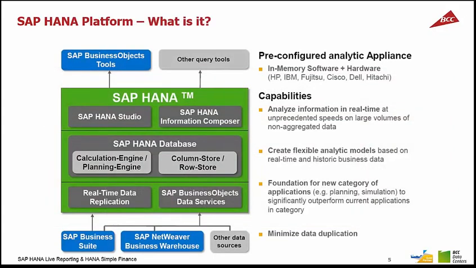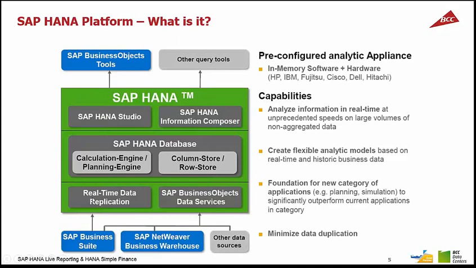Okay, that's it for the SAP HANA database, the main component of the HANA platform, but the HANA platform is more than just the database. In fact, it starts with the tools for data acquisition. These are two tools that are offered in the SAP HANA platform license.